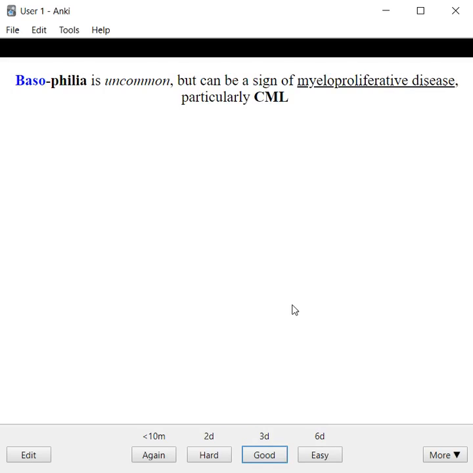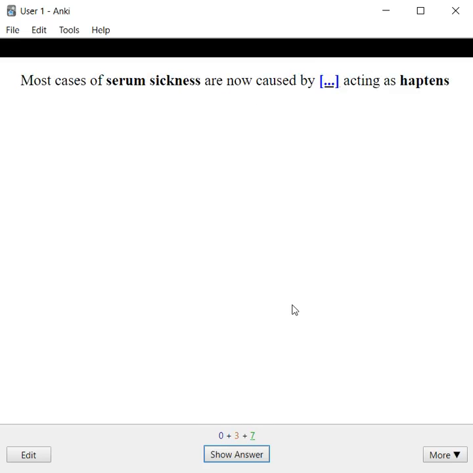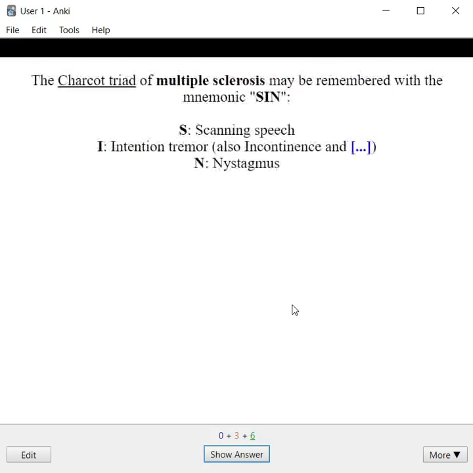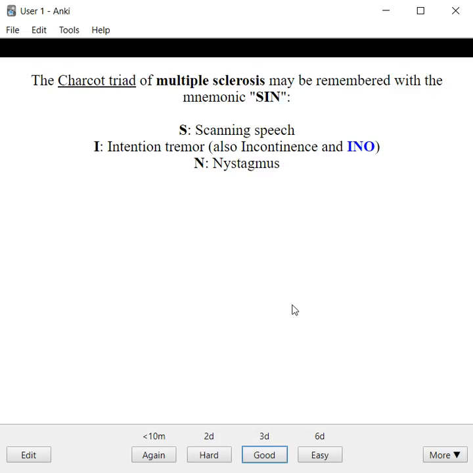Basophilia is uncommon, but can be a sign of myeloproliferative disease, particularly with CML. Most cases of serum sickness are now caused by drugs acting as haptens. The Charcot triad of multiple sclerosis may be remembered with a mnemonic SIN, scanning speech, intention tremor, also incontinence and INO, and nystagmus.